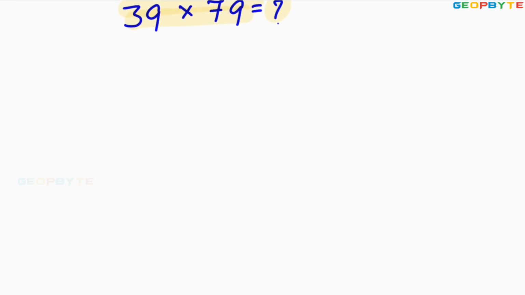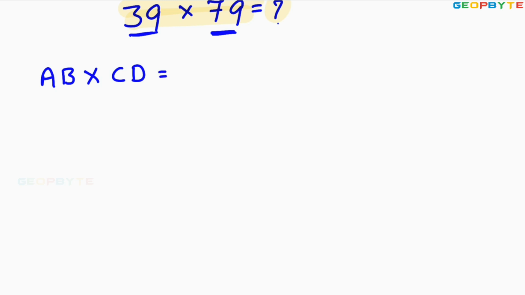Dear friends, remember, assume there is a number AB like 39 multiplied by CD like 79. This answer you want.